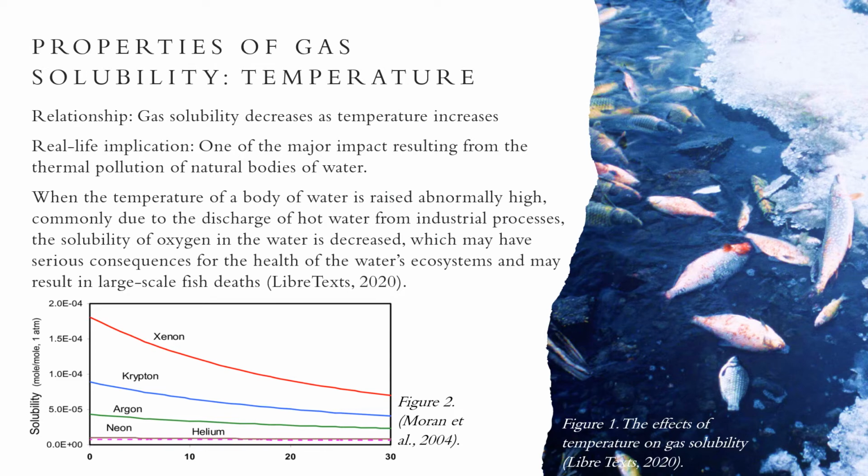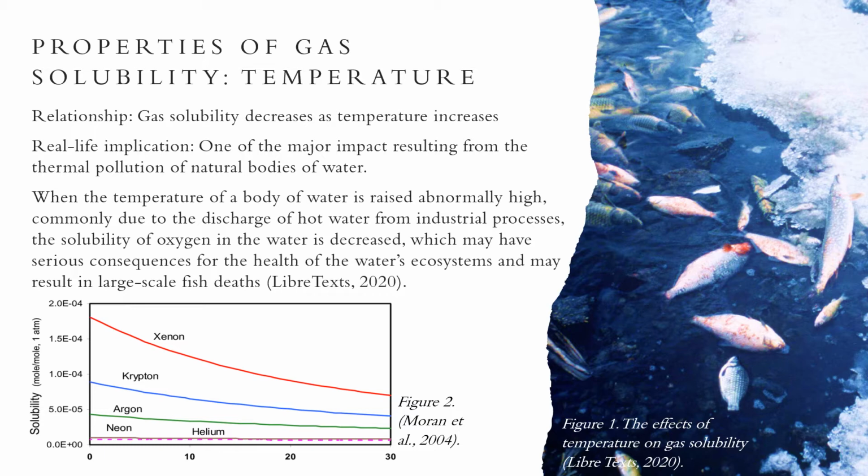Temperature is one such factor, with the gas solubility typically decreasing as temperature increases. You can see this relationship in the graph below with all the noble gases. This is actually one of the major impacts resulting from the thermal pollution of natural bodies of water.